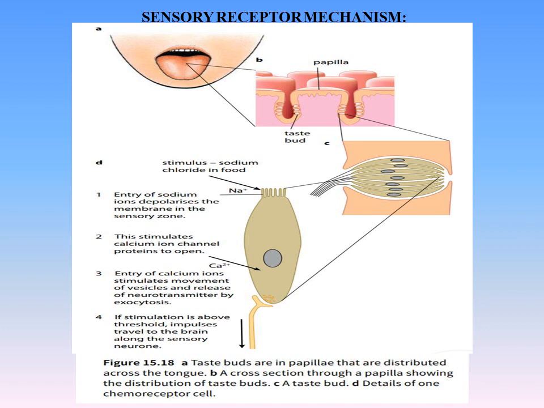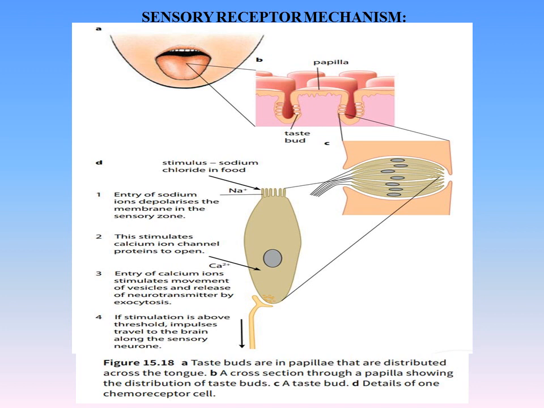Generally talking, how is an action potential generated here? The entry of sodium ions, right? The stimulus can be the sodium in food. It depolarizes the membrane in the sensory zone, which stimulates the calcium ion channels, which we talked about in the previous lectures, that is, how calcium regulates the fusing of certain vesicles containing neurotransmitters by exocytosis towards the presynaptic membrane.